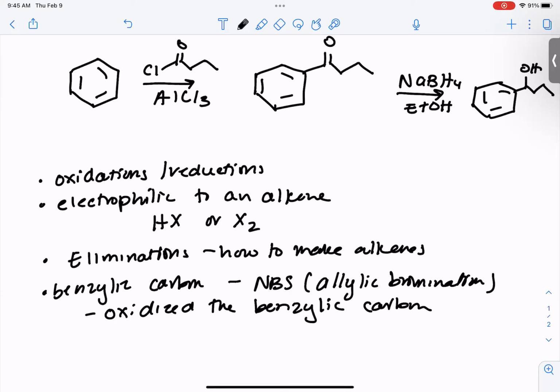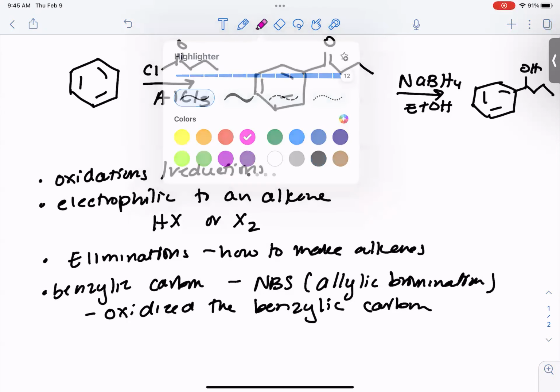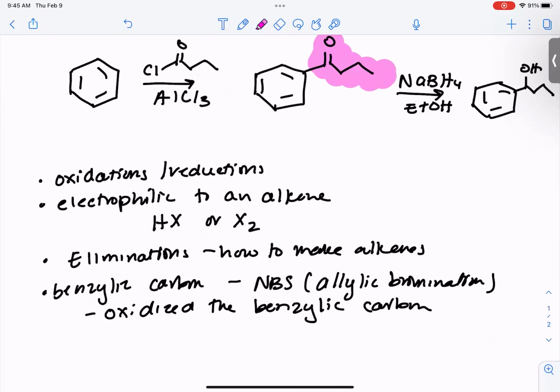All right, so not only are we going to have to worry about doing chemistry on what we attach to a benzene ring, but now we're also going to work on putting on more than one substituent. So it's not just doing a mono electrophilic addition, but what happens if we want to put more than one functional group on a benzene?